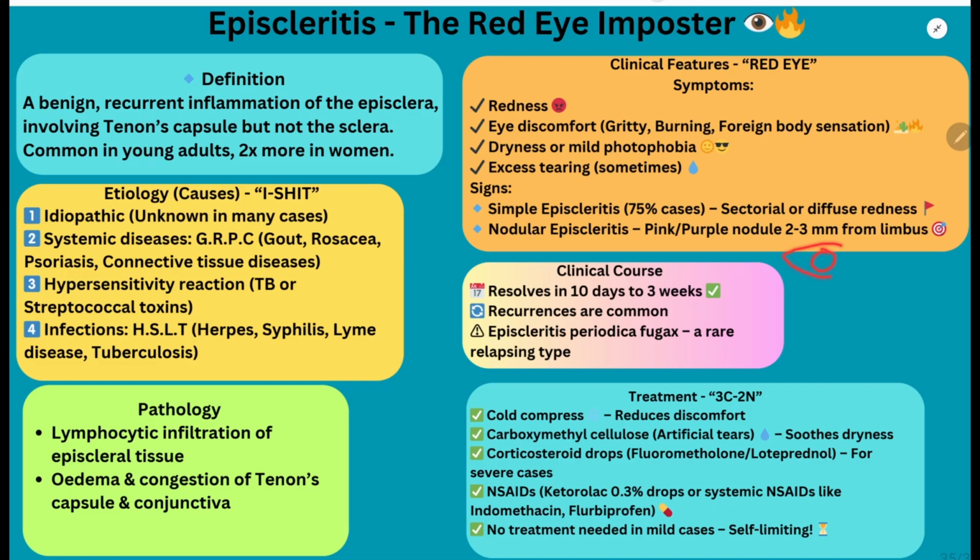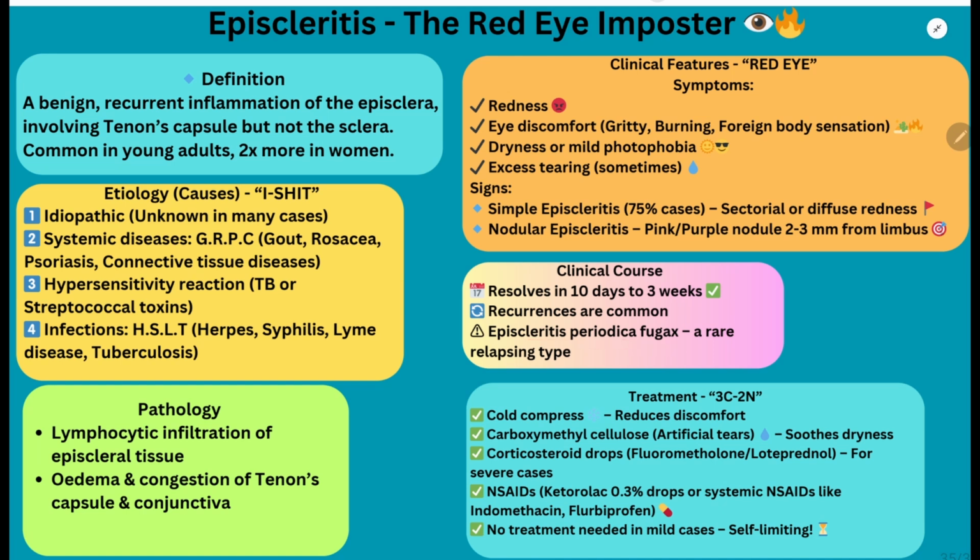For example, here you will see purple nodules from the limbus, so it is nodular episcleritis. What about the clinical course here? It resolves in 1 to 3 weeks and recurrence is also very common. Here we can find a rare relapsing type, that is episcleritis periodica fugax.